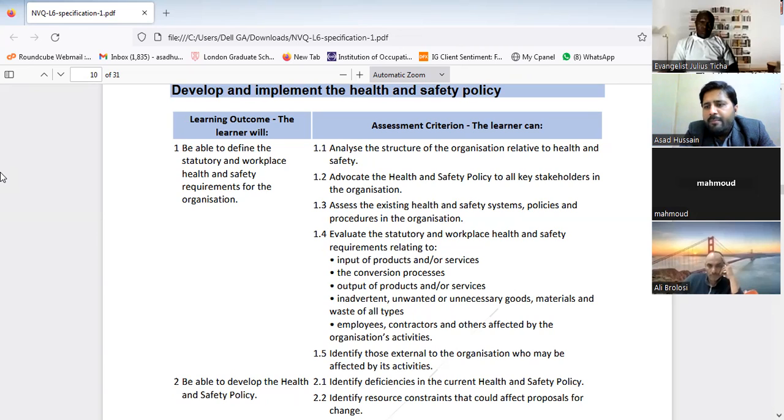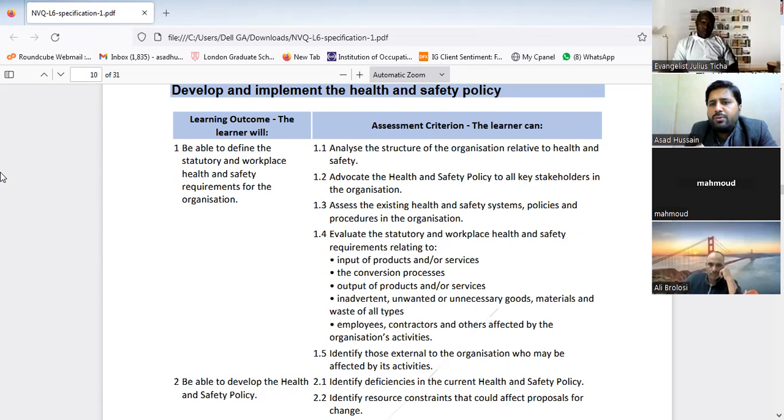Do remember, health and safety is a qualitative thing. Once you are assessing its effectiveness, there will be no tangible evidence. So in 1.3, you don't have any specific evidence to produce, because you are assessing what is there. You just have to discuss and type it there.